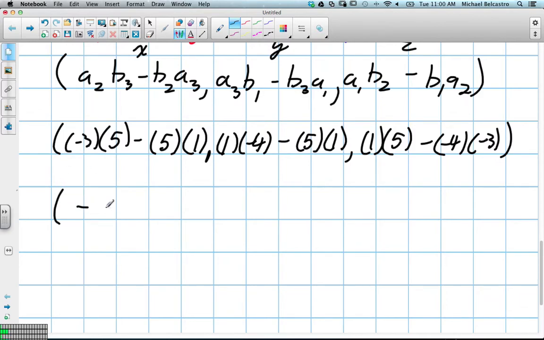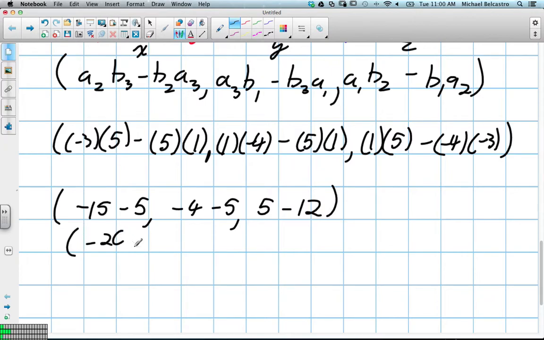We'll go from here. We have negative 15 minus 5, negative 4 minus 5, and 5 minus 12, which will give us negative 20, negative 9, and negative 7. So this is now a normal to the plane we were on before.